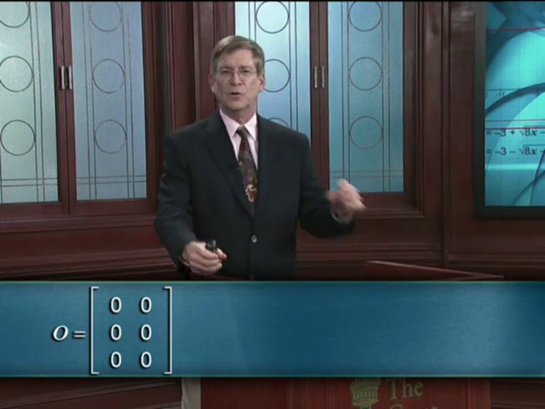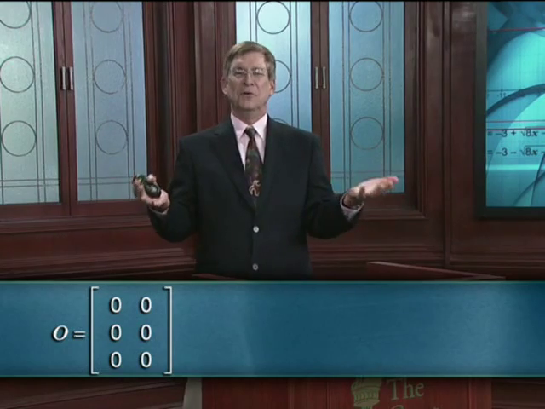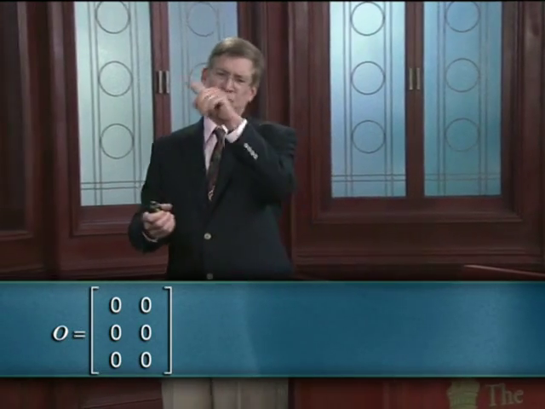Now, some matrices are pretty special. A matrix, all of whose entries are the number 0, is called a zero matrix. For example, the 3 by 2 zero matrix would have 3 rows, 2 columns, and all the entries would be the number 0. Not a very interesting matrix, 0, 0, 0, 0, 0, 0. But the zero matrix has some nice properties.